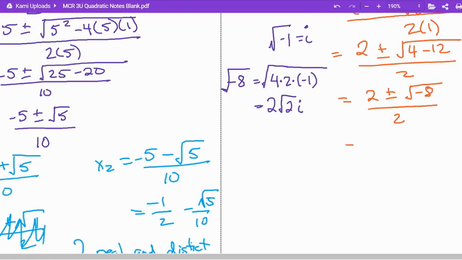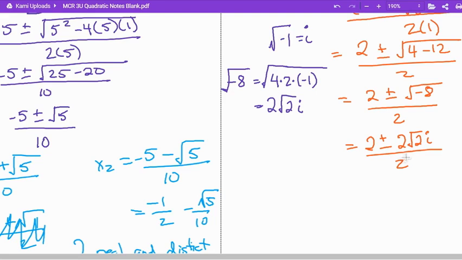All right, so let's simplify it. We've got 2 plus or minus 2 root 2i over 2. Can you cancel it out? Can we cross out the 2's? Yes, because this 2 is not under the radical sign, so we can divide.